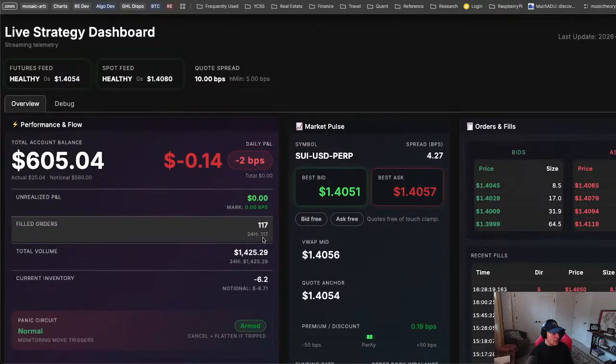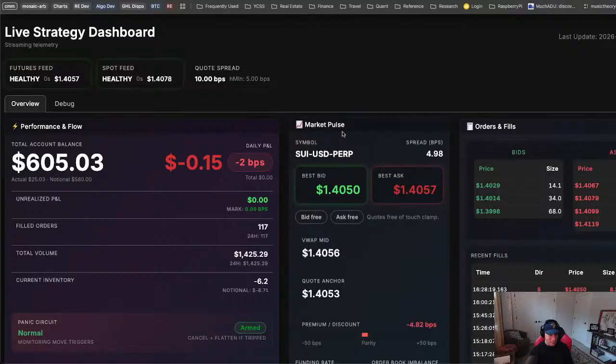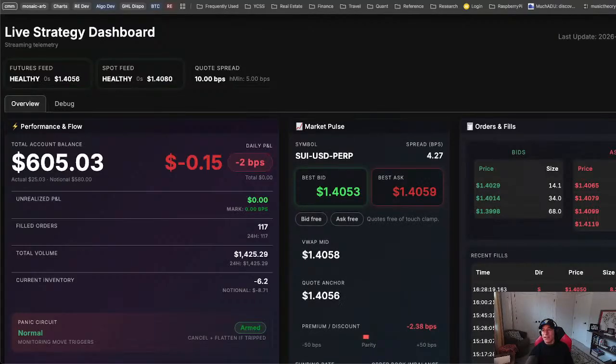SUI has a lower number of trades, which is strange because the spread that I'm quoting on this is half the spread of Zcash. My base spread on Zcash is 20 basis points, whereas on here it's 10. So intuitively, you would think I should be getting far more trades on this if I'm quoting tighter spreads, but that doesn't seem to be the case.